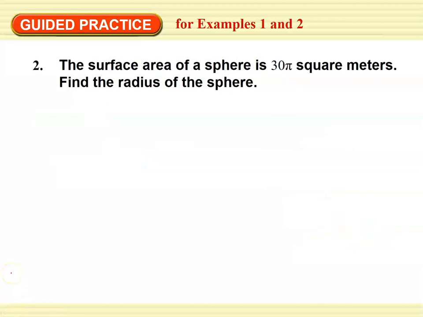All right, surface area is 30 pi. Find the radius. So surface area is 4 pi r squared. And in this case, it's 30 pi. Divide by 4 pi. And the pi's will cancel.